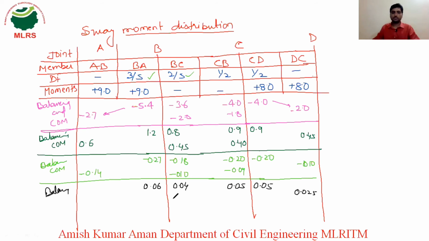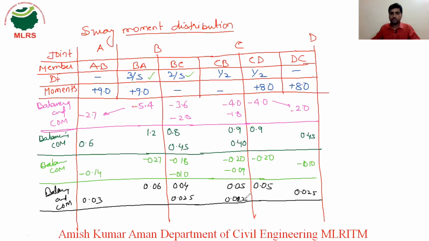Half of this will be here, so 0.025. Here it will be 0.02, okay, here it will be 0.03. Now balancing and carrying over moments, add them. It is 0.02 only, not 0.002.